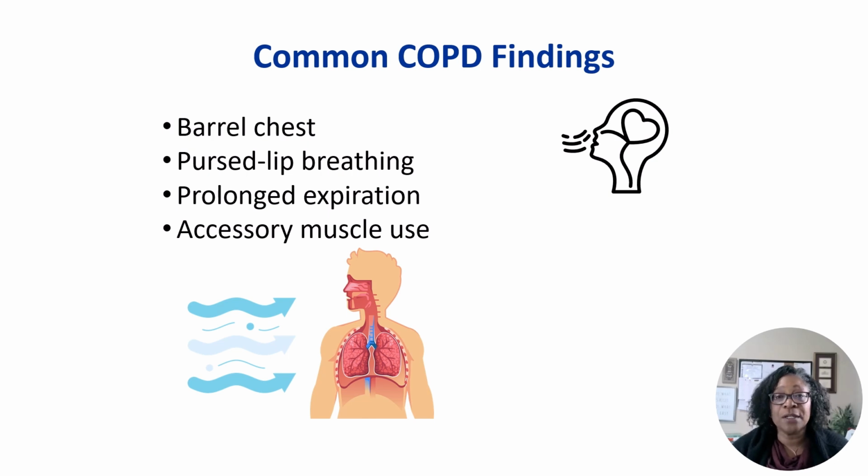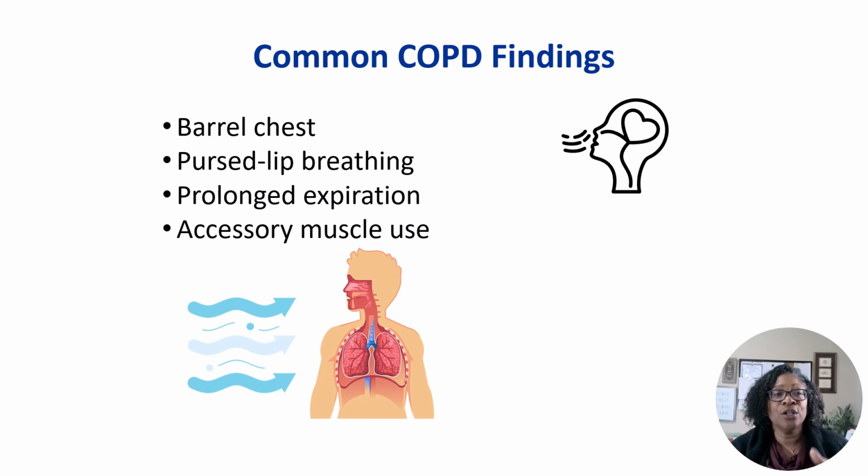COPD patients often appear to work hard to breathe, even when they're unstable, so you have to be careful with these patients. COPD primarily affects ventilation, so nurses must be really careful to monitor for signs of CO2 retention and respiratory fatigue.